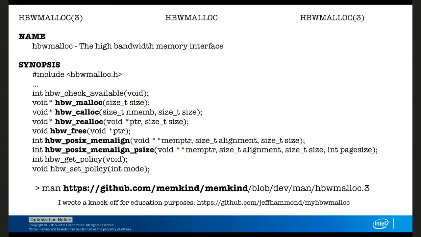But basically, it uses dlmalloc, mem spaces, and libnuma, and it's really meant to be an example of how you could write your own MCDRAM allocator if that was something that you wanted to support. There's really nothing magical about this. It's just that Memkind is high quality software engineering and uses jemalloc, which is a really good allocator for threading.